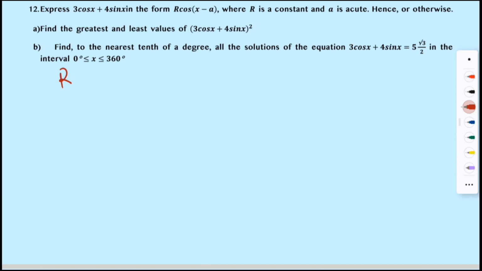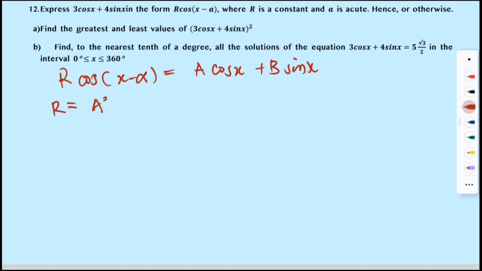You would know that r cos of x minus alpha should be equal to a cos x plus b sin x. Now, what is r? R here is the square root of the sum of the squares of these terms, all right?